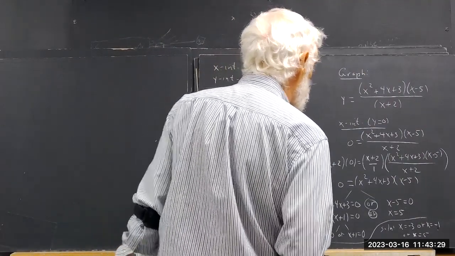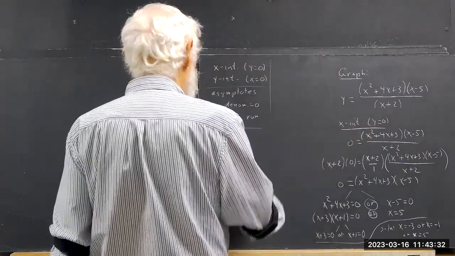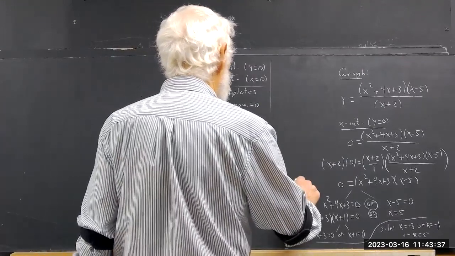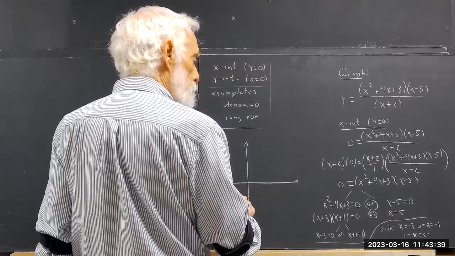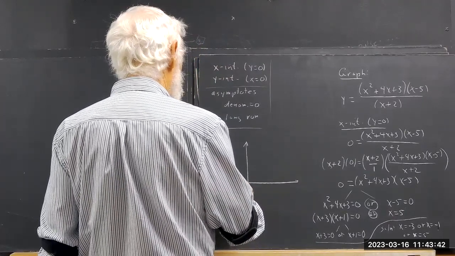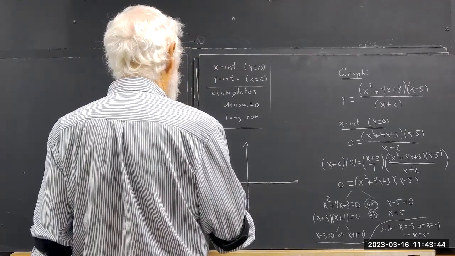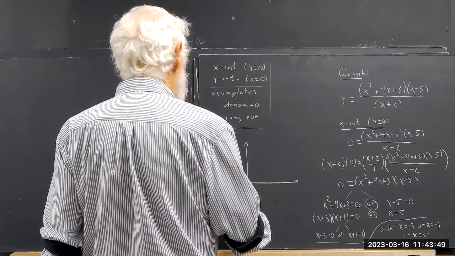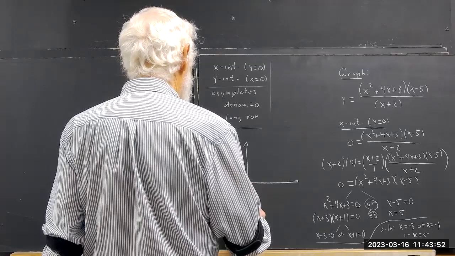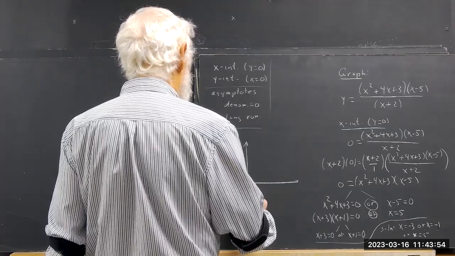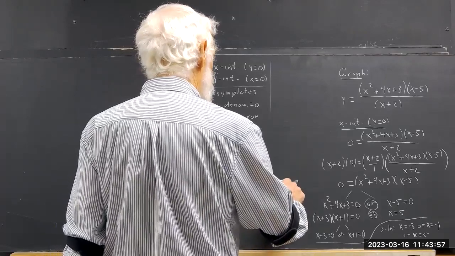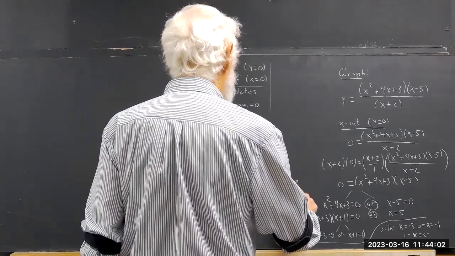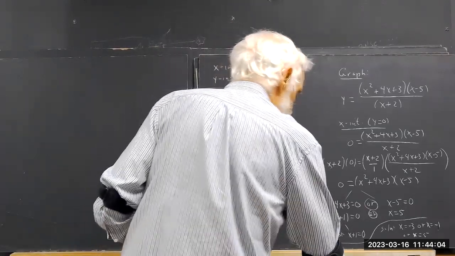Okay, well, all of a sudden we've got information, we've got our x-intercepts. Let's start constructing a graph. The x-intercepts are -3, 0; -1, 0; and 5, 0.